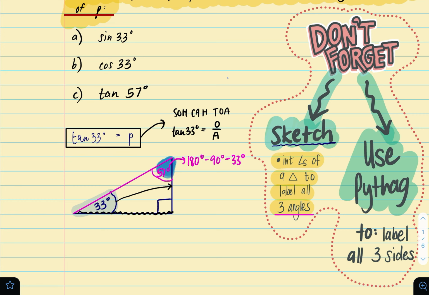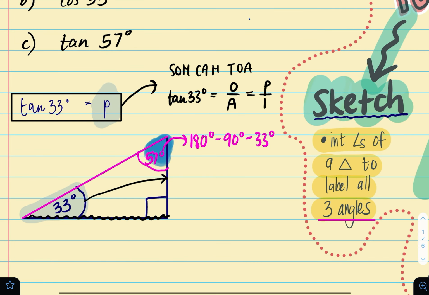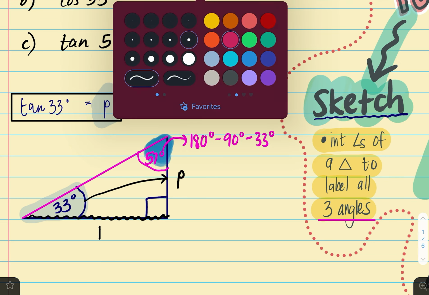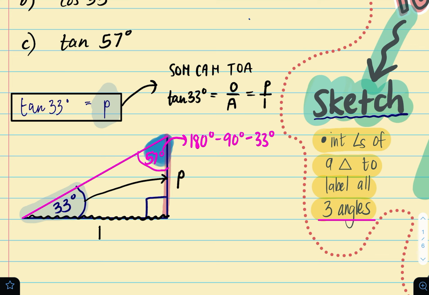So let's convert our p into fraction format by making it p over 1. And if we have p over 1 as opposite over adjacent, look at how I have labeled the two sides of this triangle with respect to the 33 degrees, of course, because that's what we've been given in our question.